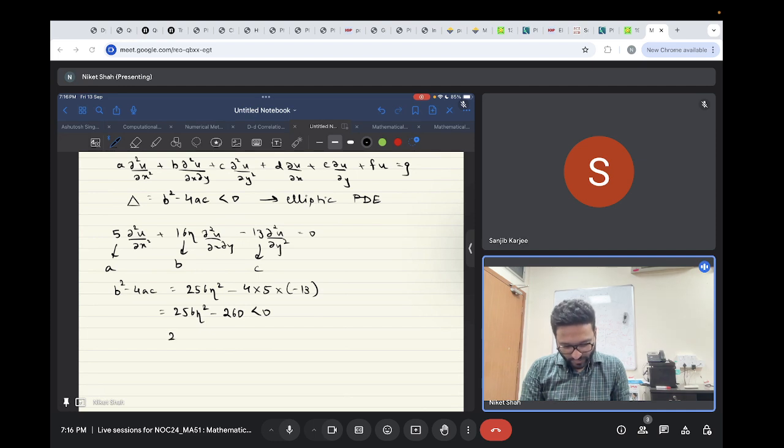Suppose I say 256 eta square has to be less than 260. I can make an appropriate choice of eta square due to which this inequality can be satisfied, and I am able to make this elliptic.